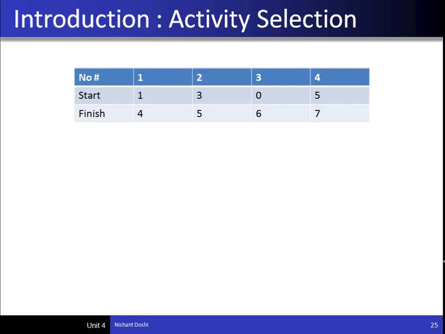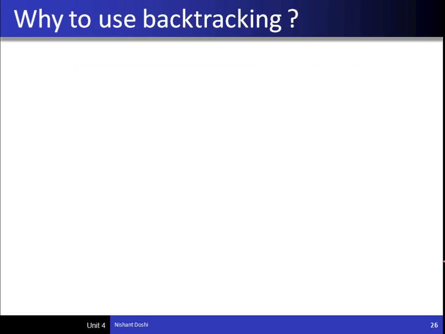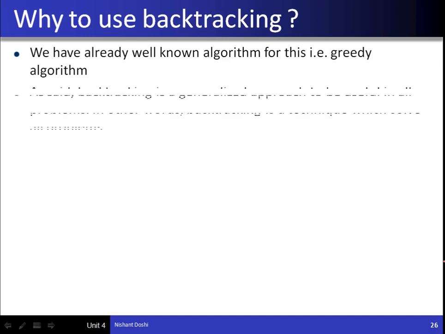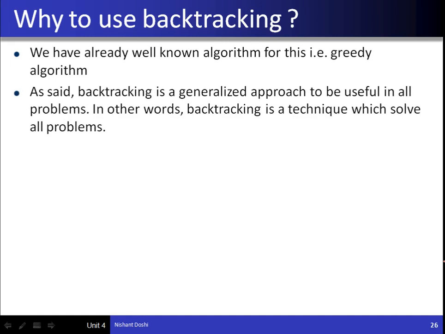Here we will take the activity selection problem, use backtracking, and see from the answers whether it is solvable by any other technique. That is the question. So why use backtracking? Of course, we have algorithms for activity selection; you can solve it using greedy. But backtracking will give you all the solutions of a given problem.